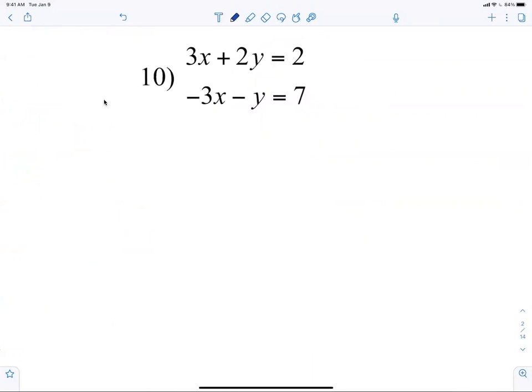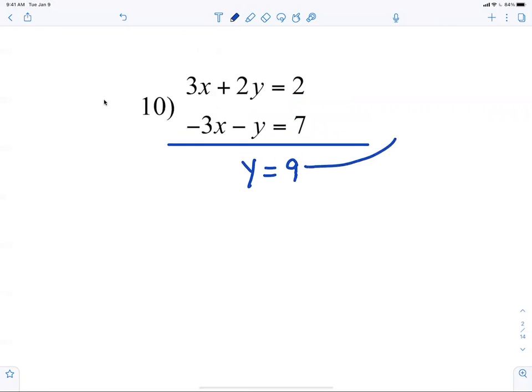Now, everybody should look at this and say, wow, this is super easy because the 3x and the negative 3x cancel out. So it looks to me like y equals 9. Y equals 9. Does everybody agree with that? And so if y is 9, now it's just a matter of plug it in, right? So I have 3x plus 18 equals 2.